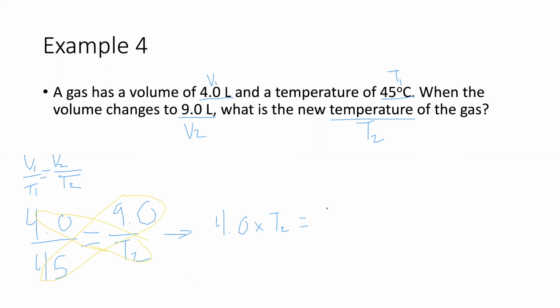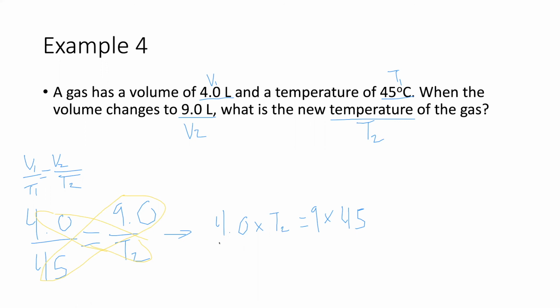So we have 9 times 45. And like last time, we're trying to solve for T2, our unknown variable.